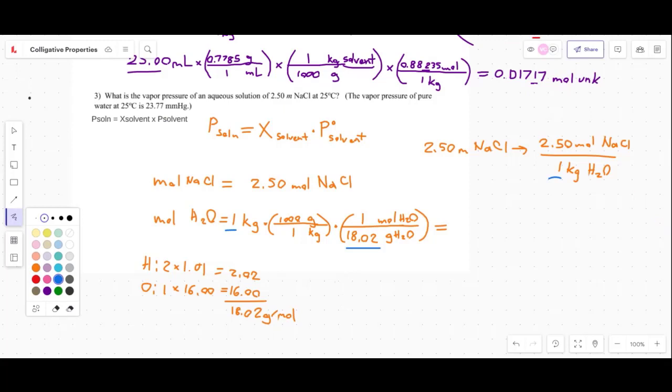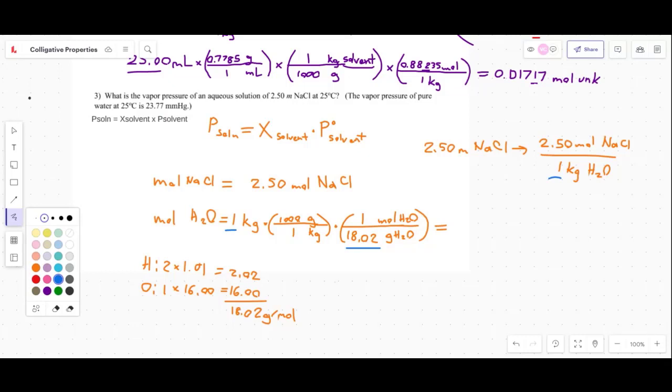That's another reason why we want as accurate a molar mass as possible. Usually, like I said, at least 2 decimal places is what I like to go with.